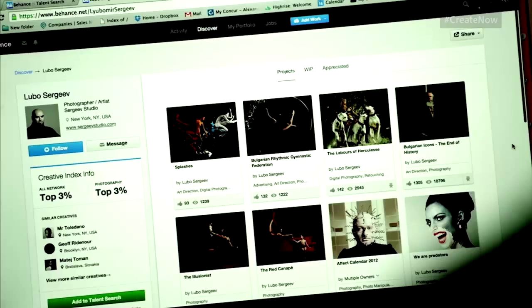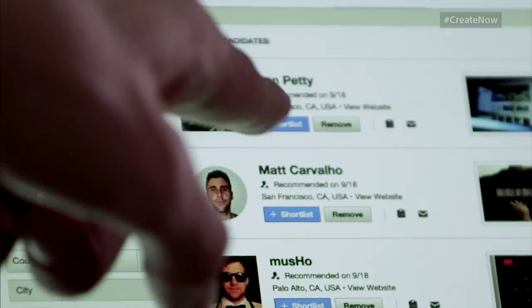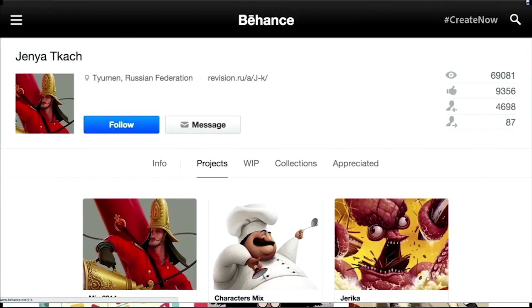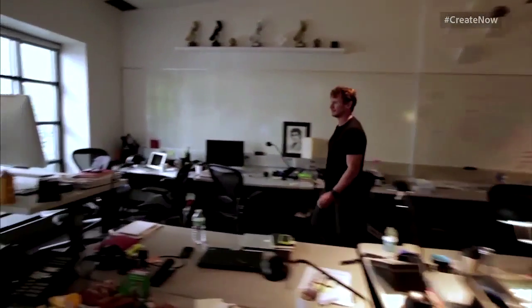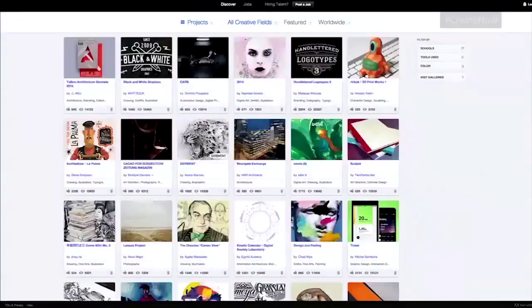And so Behance allows us to do searches where we can get really specific about what it is that we're looking for and be able to find the best talent. Behance is a very valuable resource, and in our industry, the most important thing is talent. I use Behance not just professionally, but just because I like looking at good work. You can look at a resume till you're blue in the face, but ultimately it's the work that you're interested in. And so Behance is the best platform for the work that we're looking for.